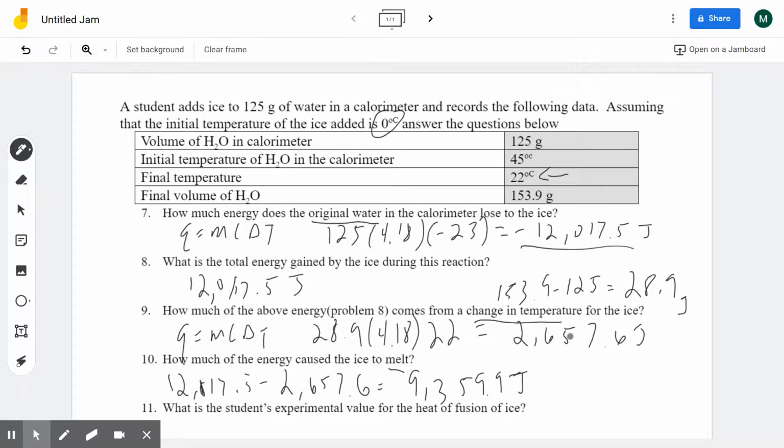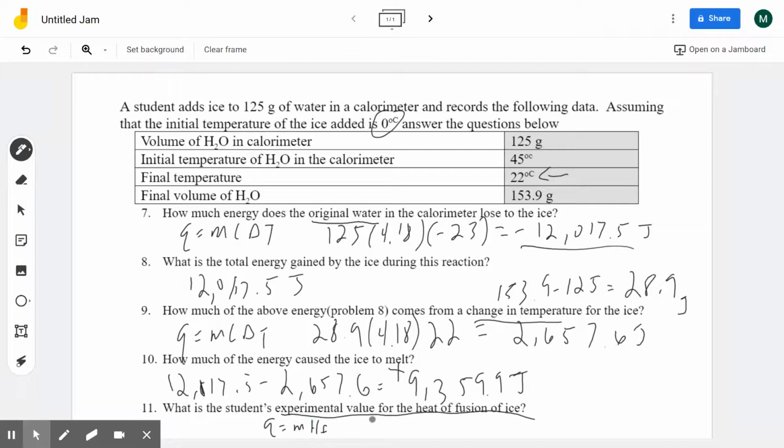So we want to calculate the experimental heat of fusion. We take that energy, sorry, that's not negative, that's positive. It was melting. So I'm going to take that energy now, and it's Q equals MHf.